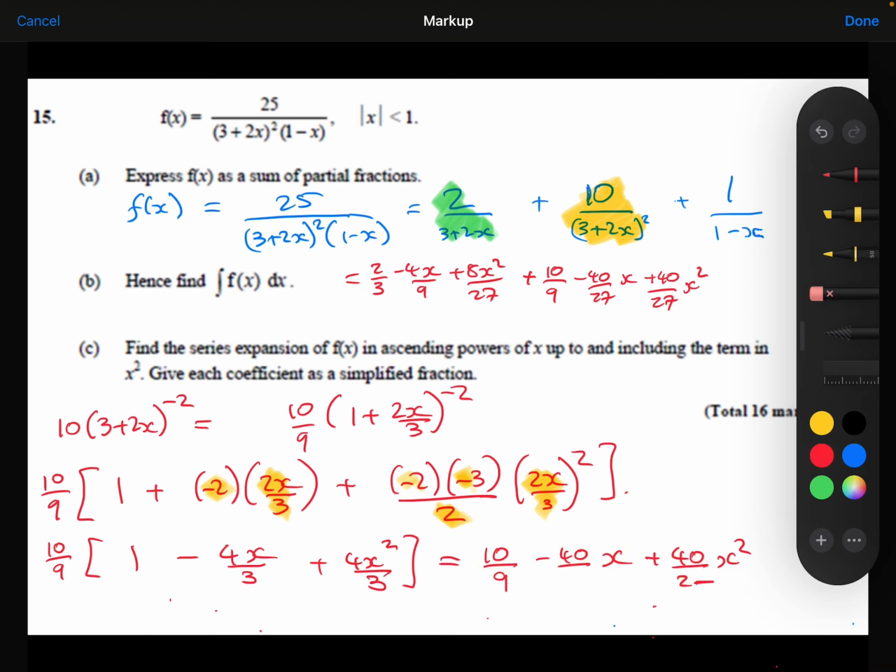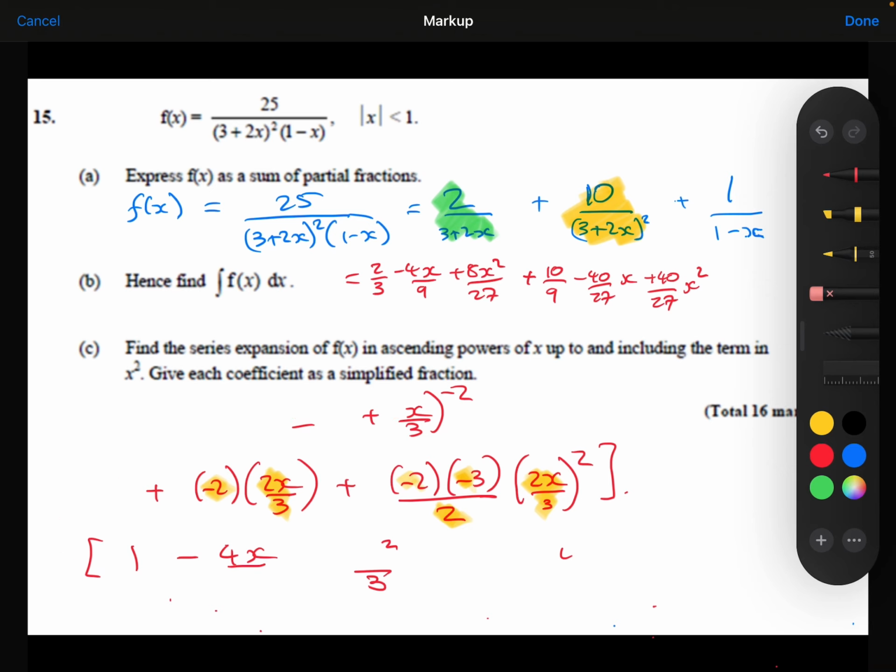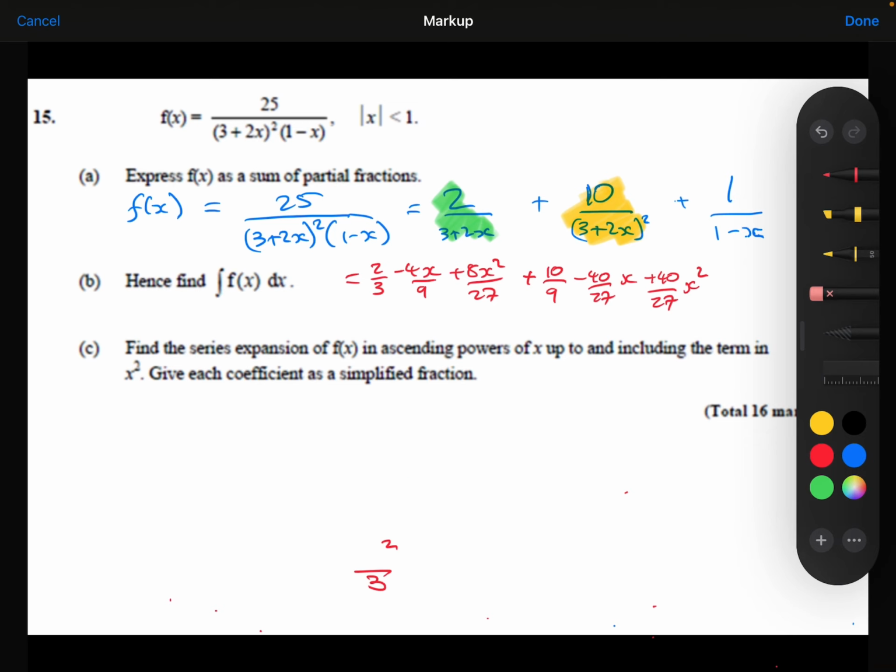Right, and the last expansion. We need to do this one more time for the 1 over 1 minus x. So, again, we need to rewrite it at the beginning, so we have a 1 plus x to the power n. So we're going to rewrite this so that it looks like 1 minus x to the power of minus 1.